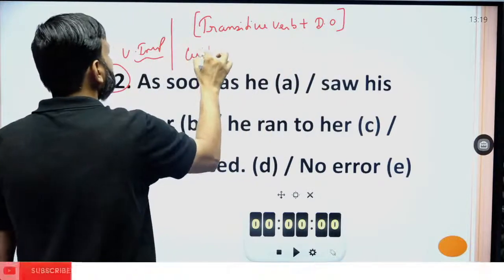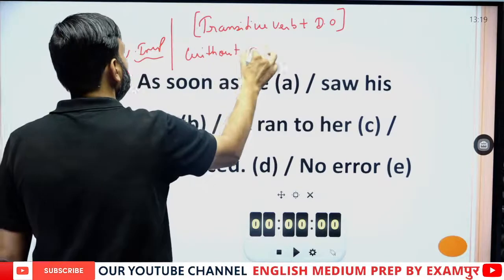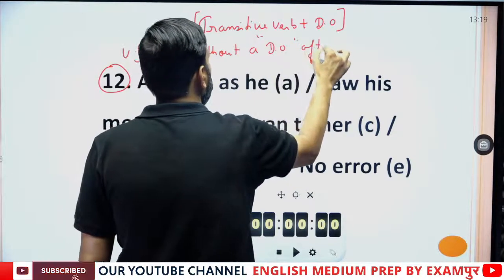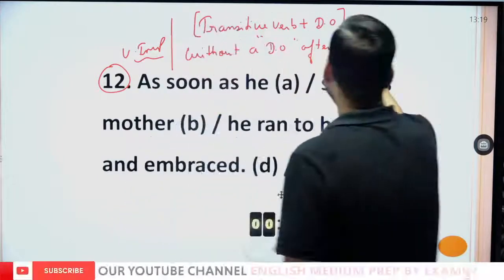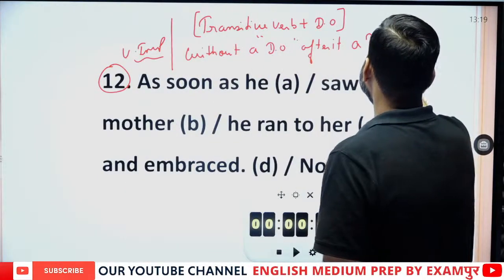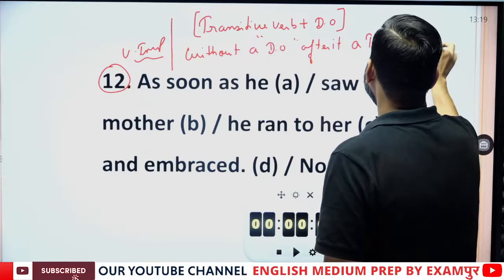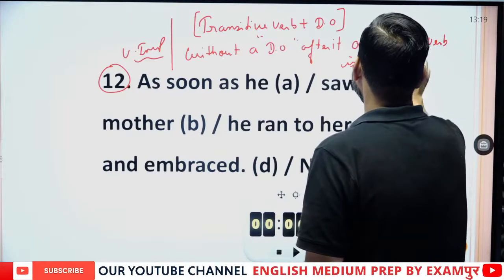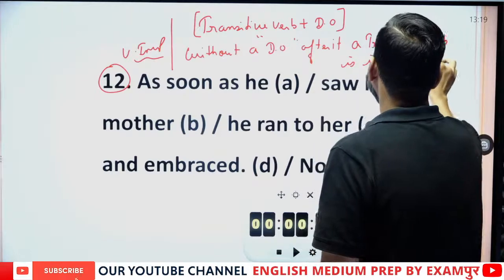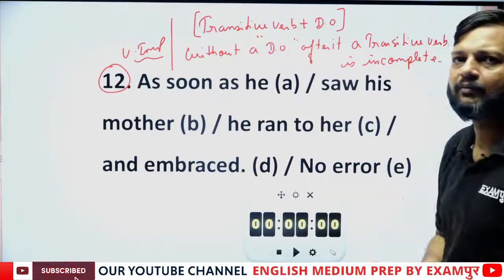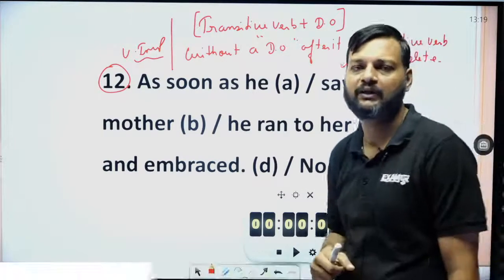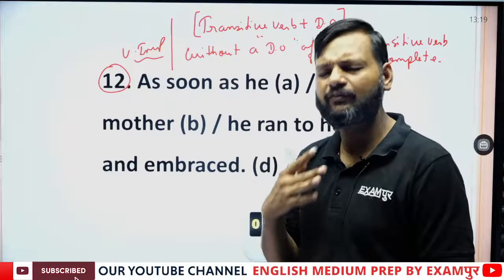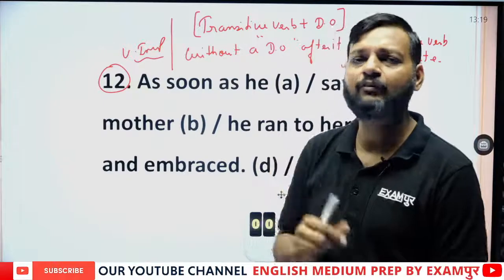Okay, without a direct object after it, a transitive verb is incomplete. A transitive verb is always followed by a direct object, and without a direct object, a transitive verb is incomplete.